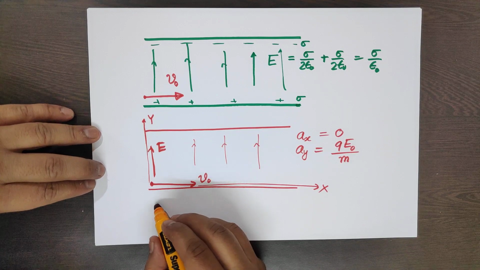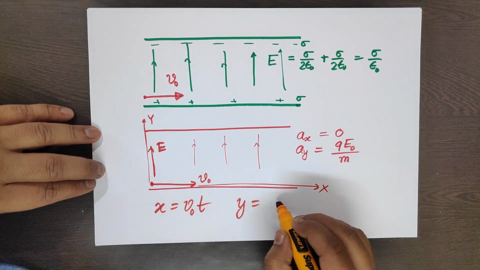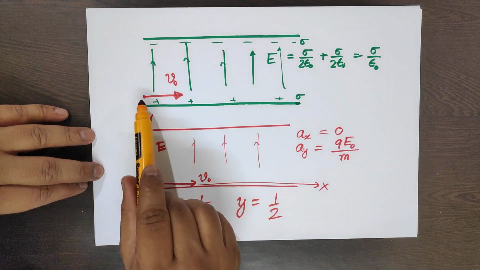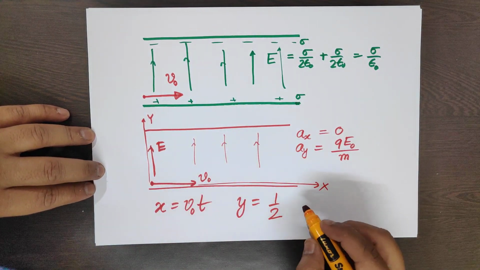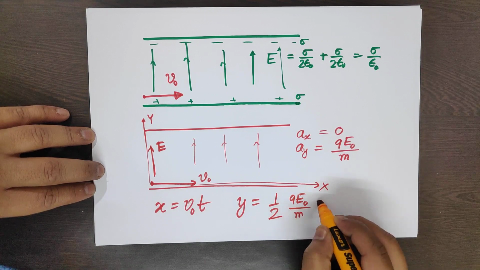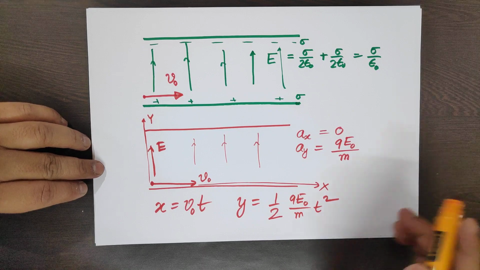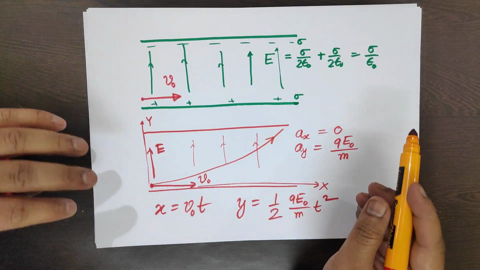So the x coordinate will be v naught t and the y coordinate will be half a_y t square, supposing at start the velocity is in the x axis direction only. So you know this, the path will be a parabola.